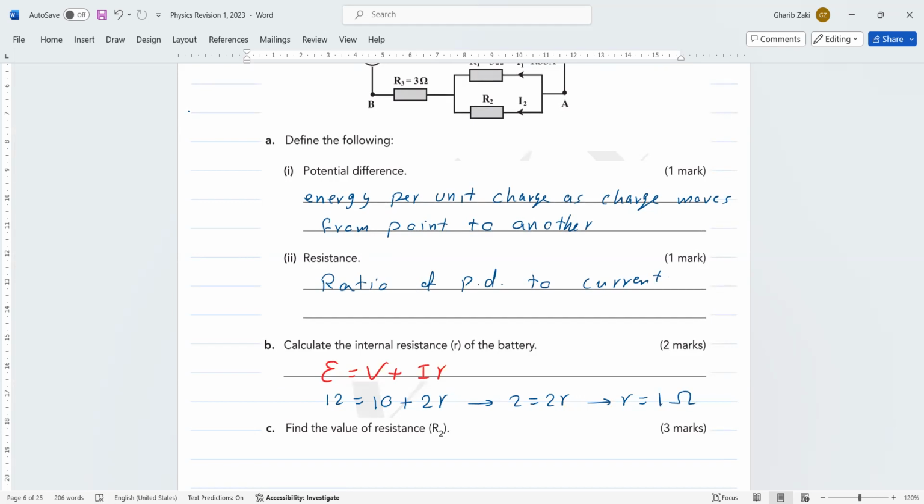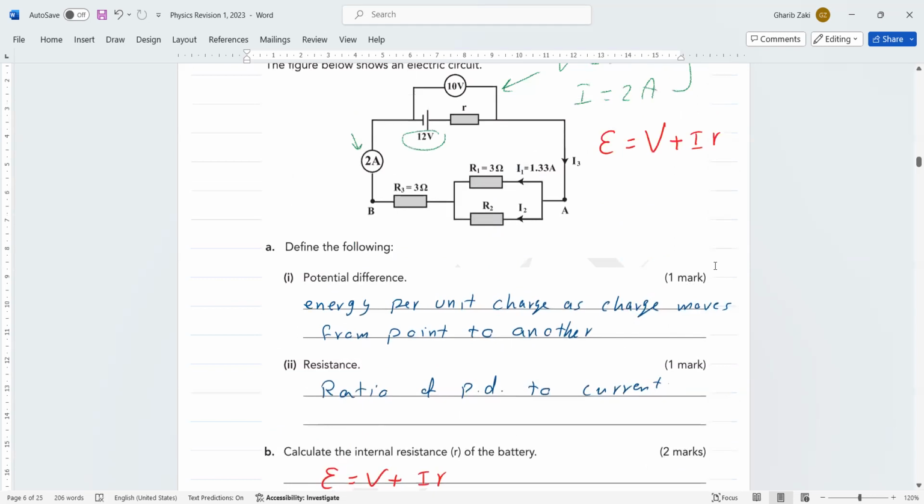Find the value of R2. Now, we need to get R2. Here, at this junction, the current in is I3. But please look, we can get the voltage through R3, it's better. This is V3.